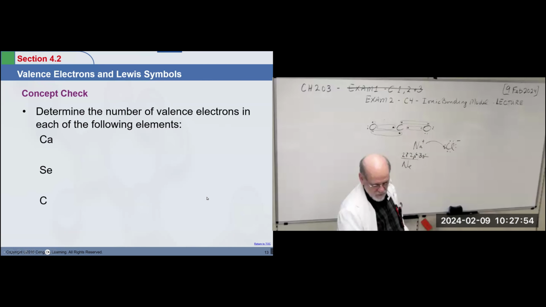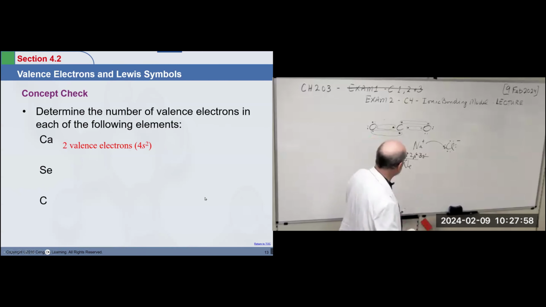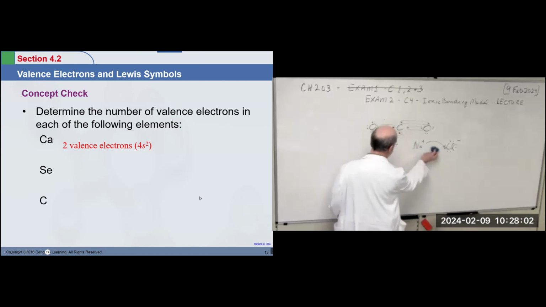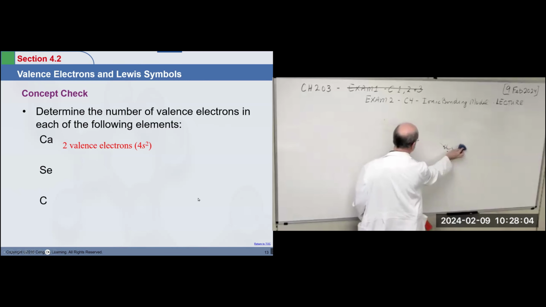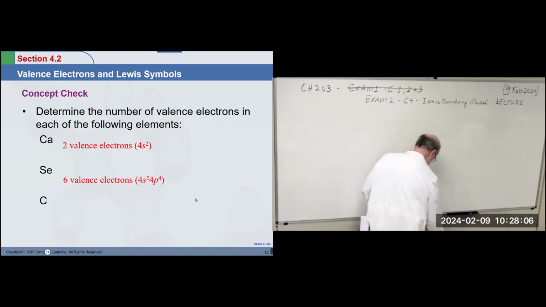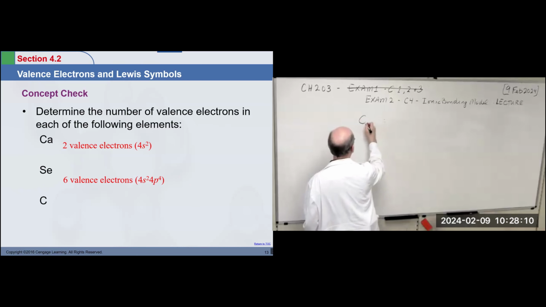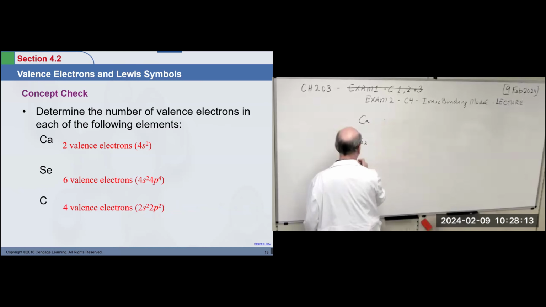So we got a slide coming up, and we're going to do valence electrons for each of these examples. Calcium, selenium, and carbon.